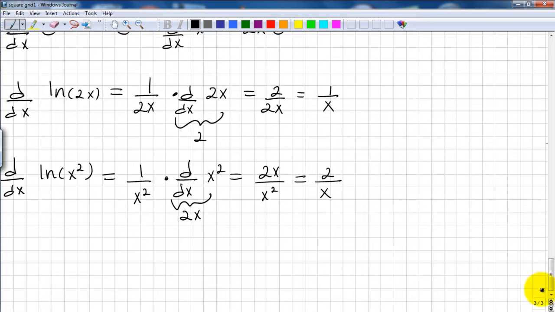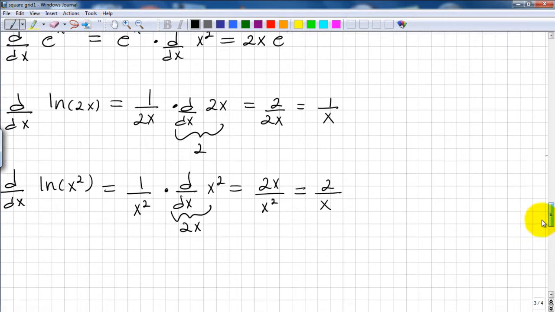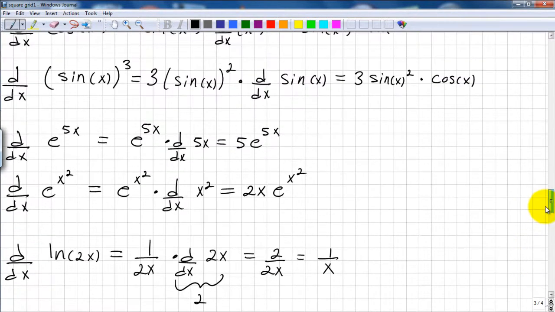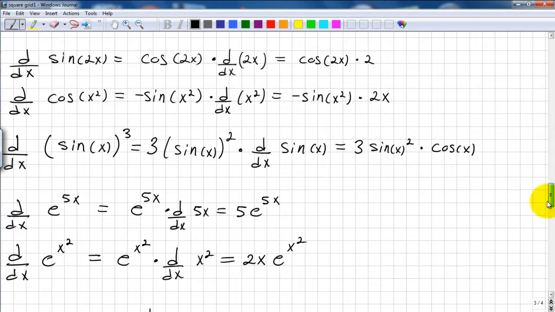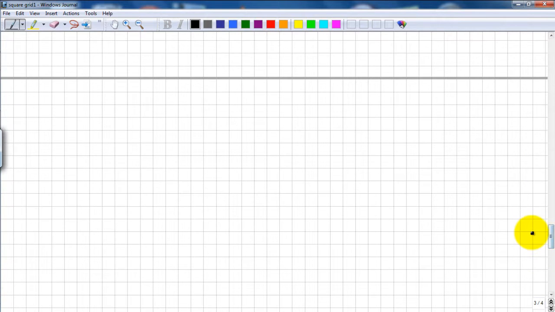And let's go ahead and take a look at one more advanced example where you might have not just 2 but 3 functions. Let's go back to this sine of x to the power of 3 function. Let's say that instead we had something like sine of x squared to the power of 3.